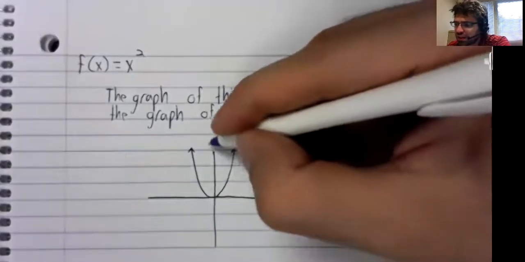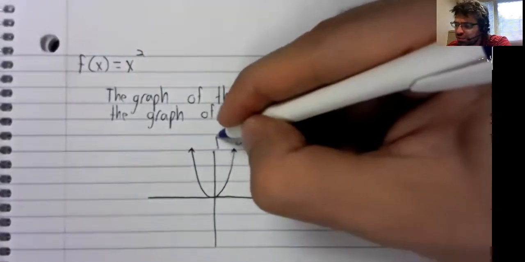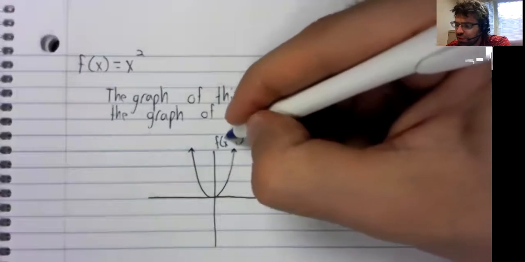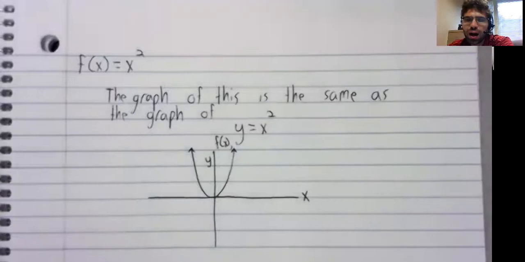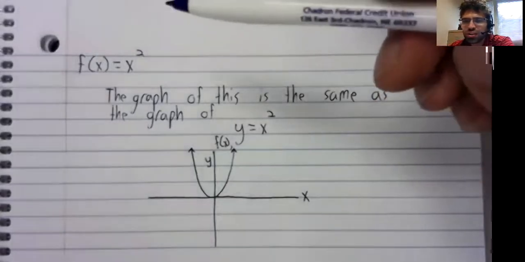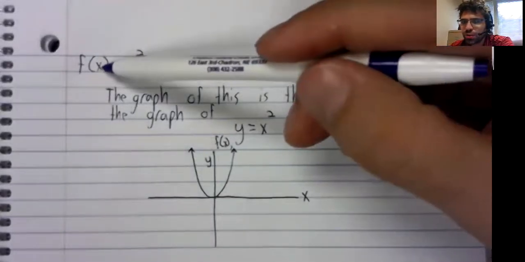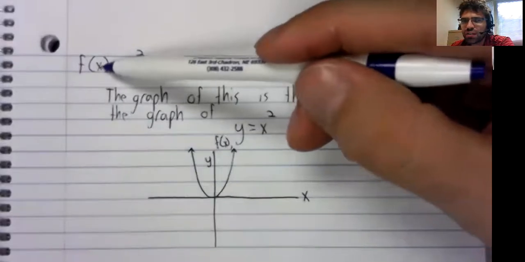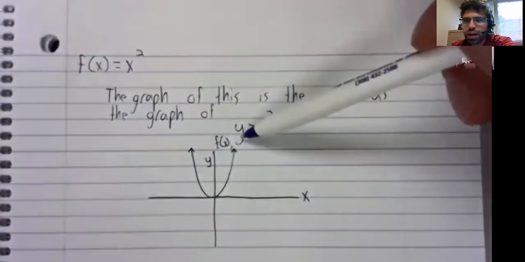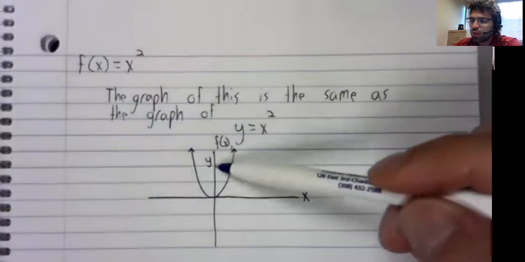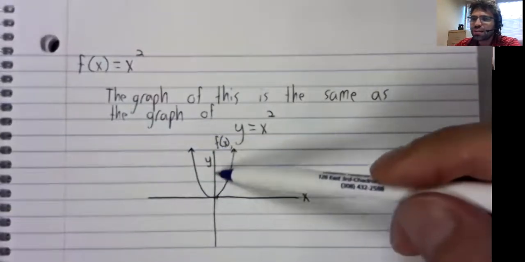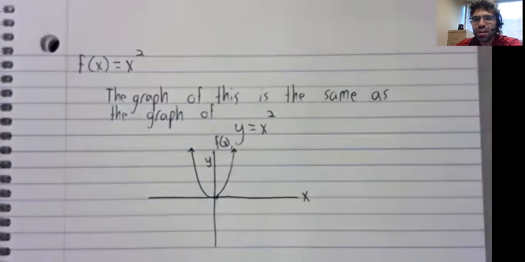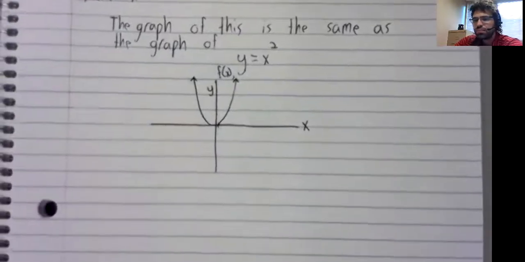This is x, and this is f of x, or it could be y, because as I just said, whether you have f of x here or whether you have y, so whether this is the y-axis or this is the f of x axis, the graph is going to be the same.